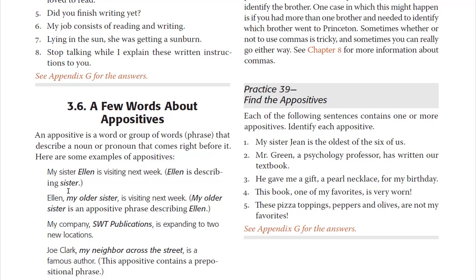And then something that's not in this chapter is that these appositives are also known as reduced adjective phrases. "Ellen, who is my older sister, is visiting next week." "My company, which is SWT Publications, is expanding to 2 new locations." "Joe Clark, who is my neighbor across the street."